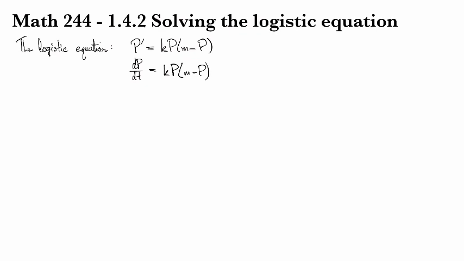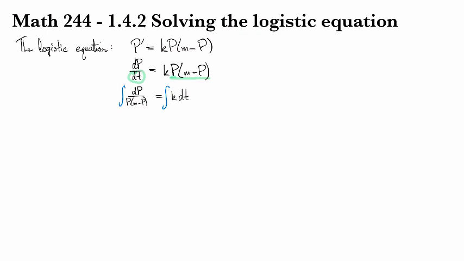I need to bring the dt term over to the right and the other stuff over to the left. So I'll have dP over P(M minus P) equal to k times dt, and then I can go ahead and integrate each side of this.